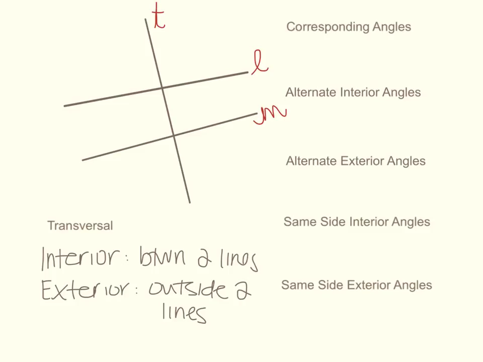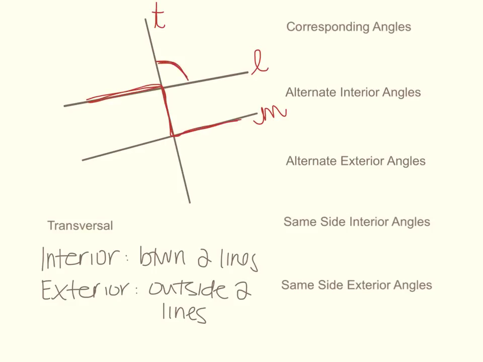Now, if I think about alternate interior, that means that they have to be on opposite sides of that transversal. So if I were to look at this, I would see this is an interior angle, and the alternate one would be on this side. See how they're on the opposite sides? You can almost think of it as a Z, and they have to be on the insides of that Z. If I'm looking at alternate exterior, we can keep going with that Z, but this time they're on the outside.